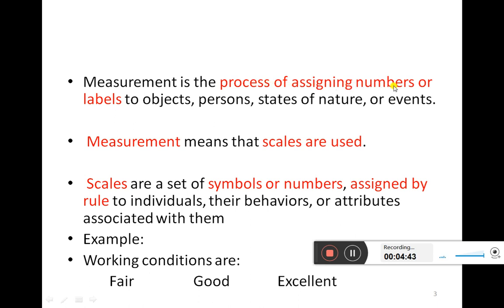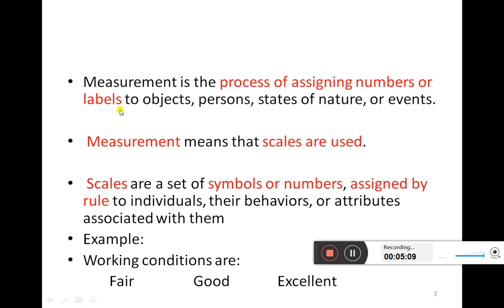For example, when I say that an employee works hard 10%, 20%, 30%, what does it mean? For employee productivity or hard work, I am assigning numbers, 20%, 30%, 40%.